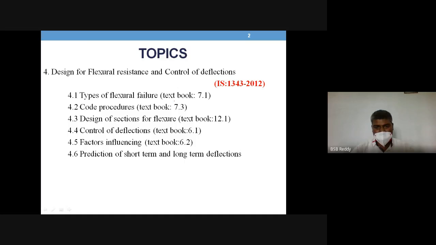There are two types of deflections depending on the time factor: immediate deflections, which are short term, and deflections over a period of time, which are long term. That is also given in the IS code. We have to follow the IS code for all these calculations, and that also we will see.